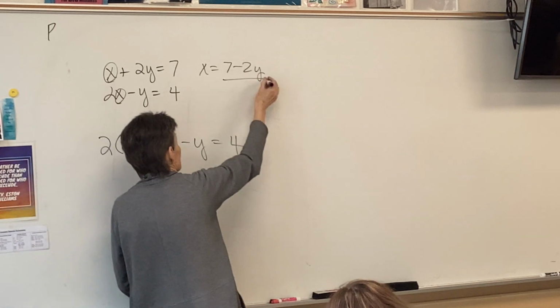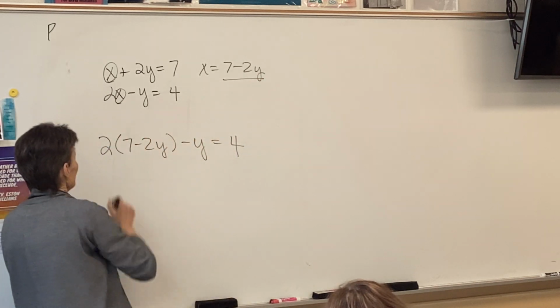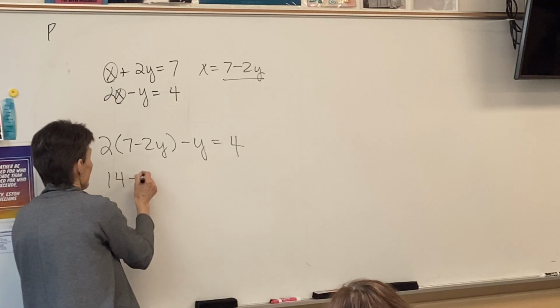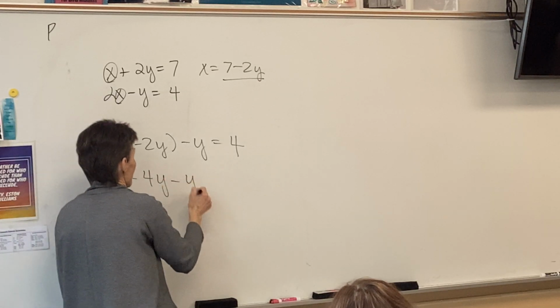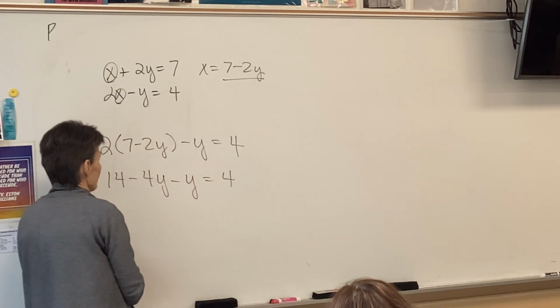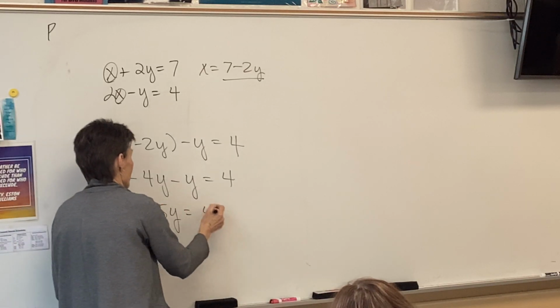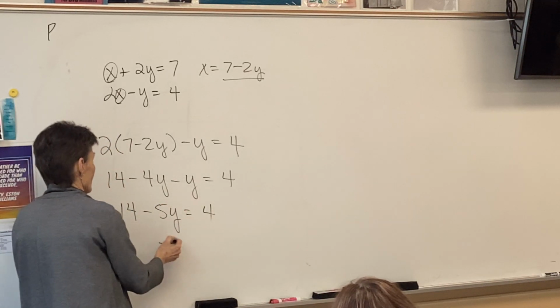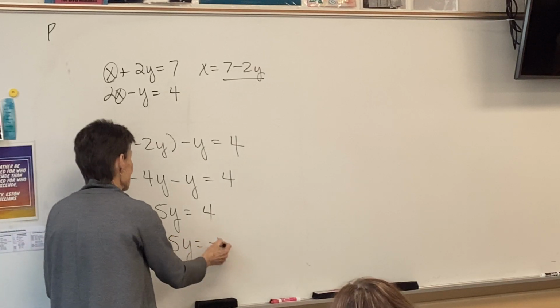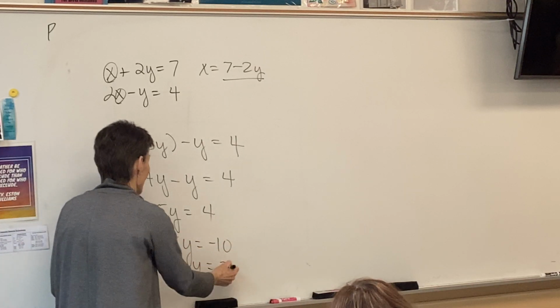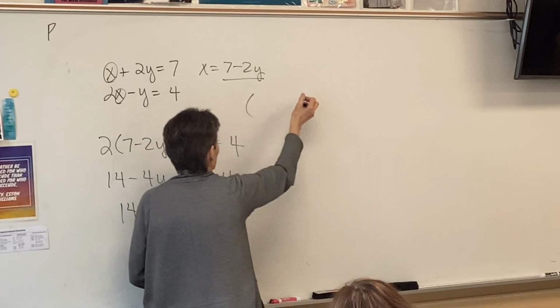So here's what x equals. I'm plugging it in right there. Onto my distributive property. I'll collect like terms. Subtract 14 and divide by -5. I got y equals 2.